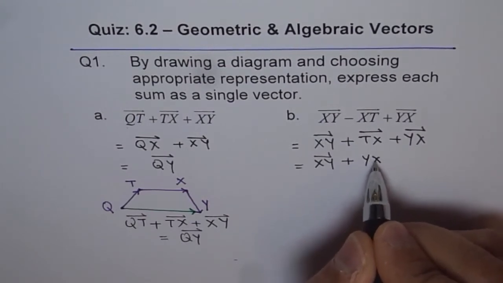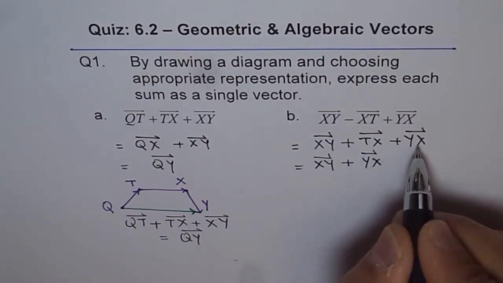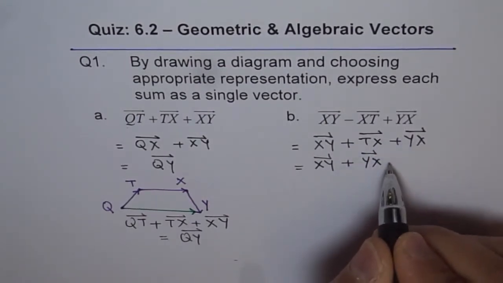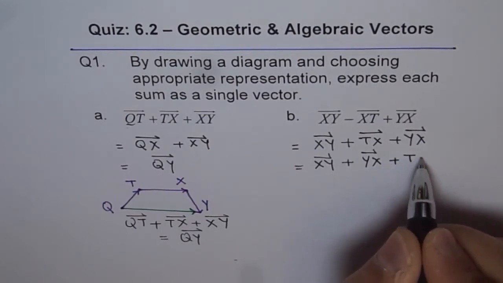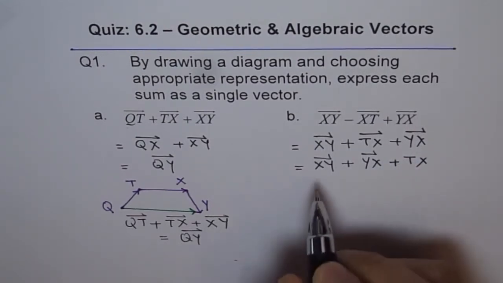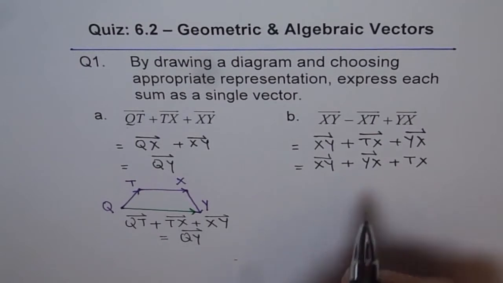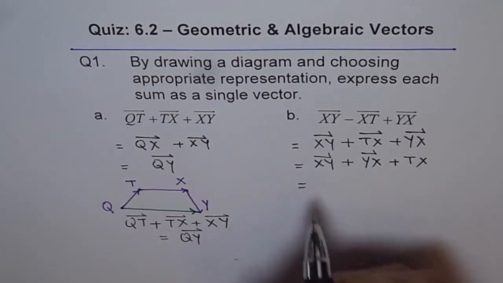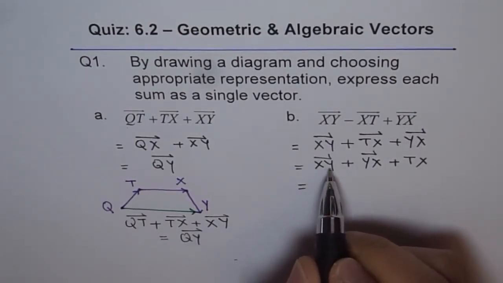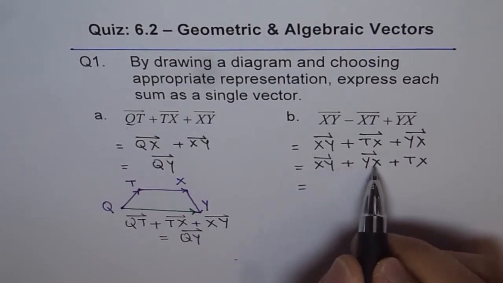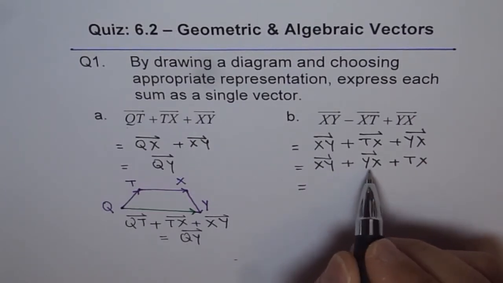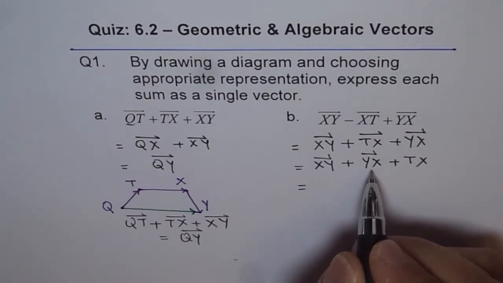I'm taking this term here and that later, plus TX. Now XY to YX means you started with X and then reached X. Do you see that? You started from X and then you reached X itself. Correct? So that is what it means.